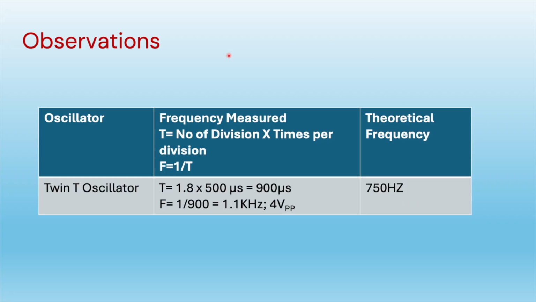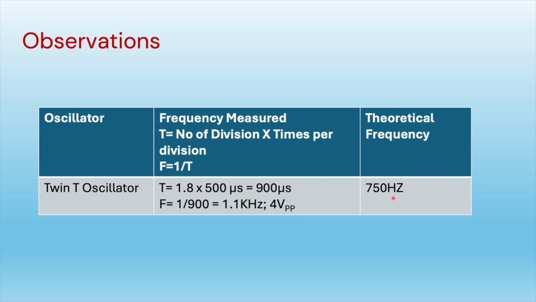We have observed in the twin-T oscillator that a sinusoidal output waveform is obtained, and the one cycle requires 1.8 divisions at the time division setting of 500 microseconds, which gives us the time period of 900 microseconds, and the frequency obtained for this twin-T oscillator is 1.1 kilohertz, and the amplitude observed on the y-axis was 4 volts peak to peak.